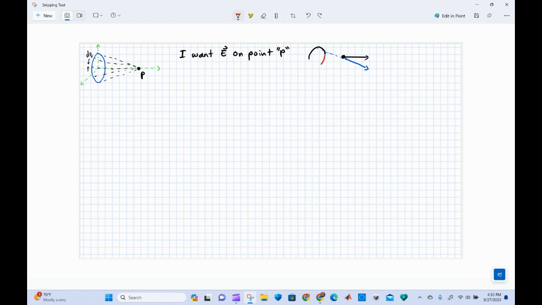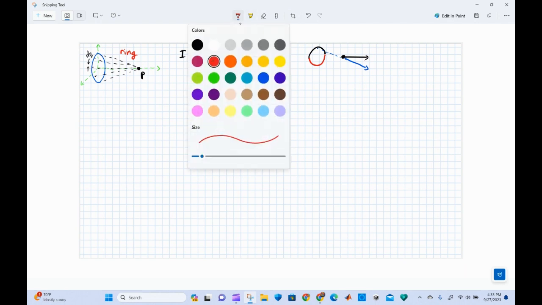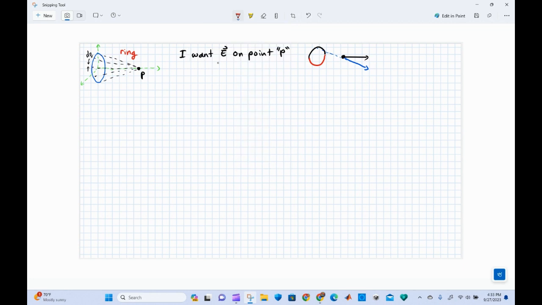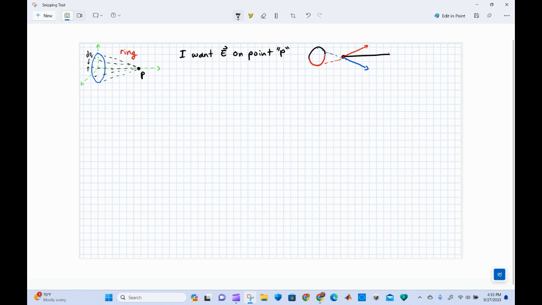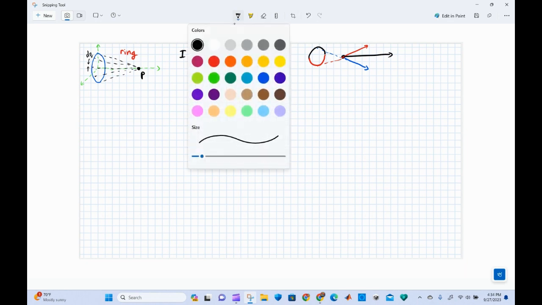And then let's just use red. It makes this color, which means it makes this a lot bigger. It should be like 2 times bigger, as you can see.